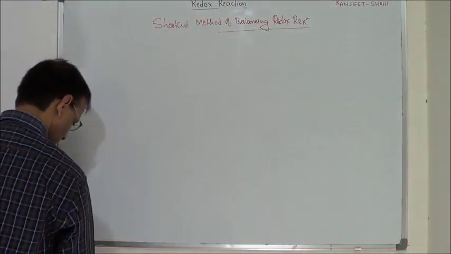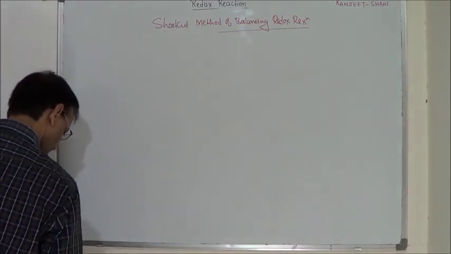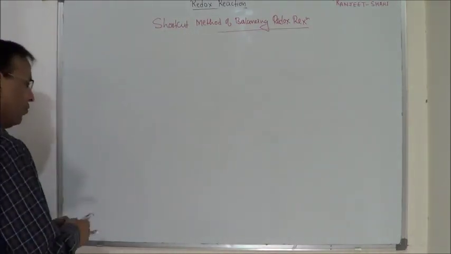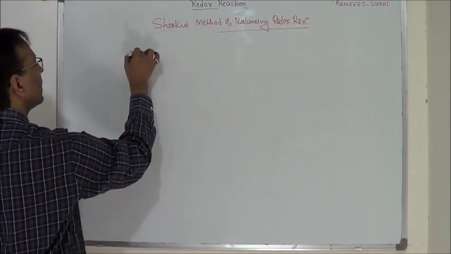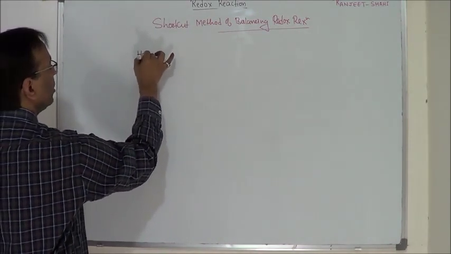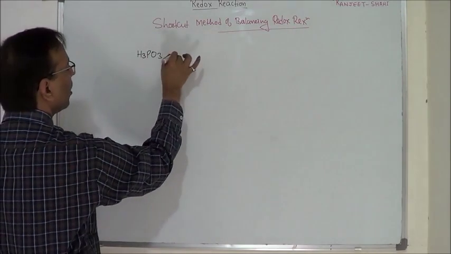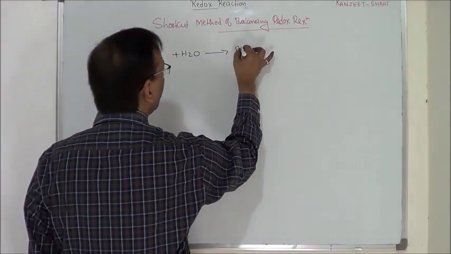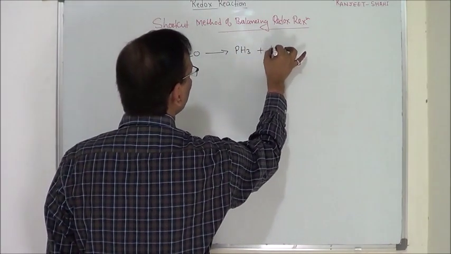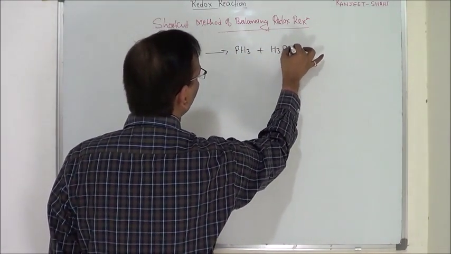Suppose we want to balance a disproportionation reaction: H3PO3 in H2O giving PH3 plus H3PO4.